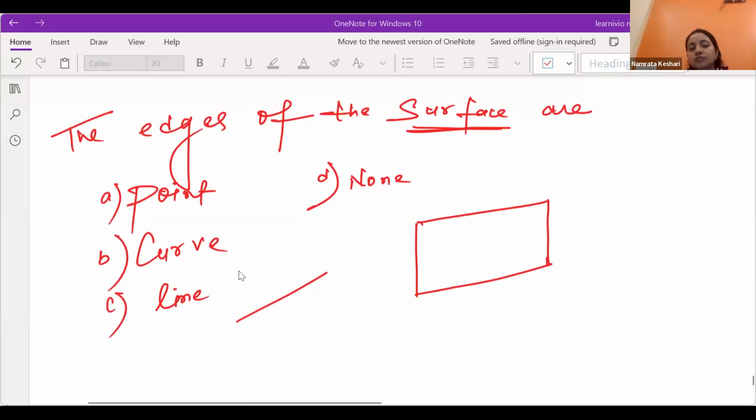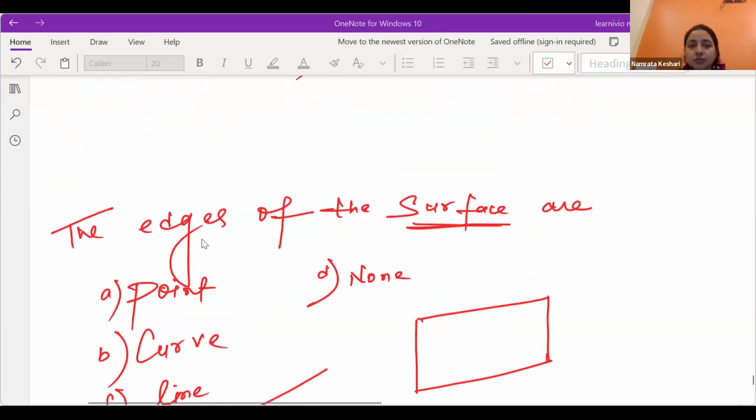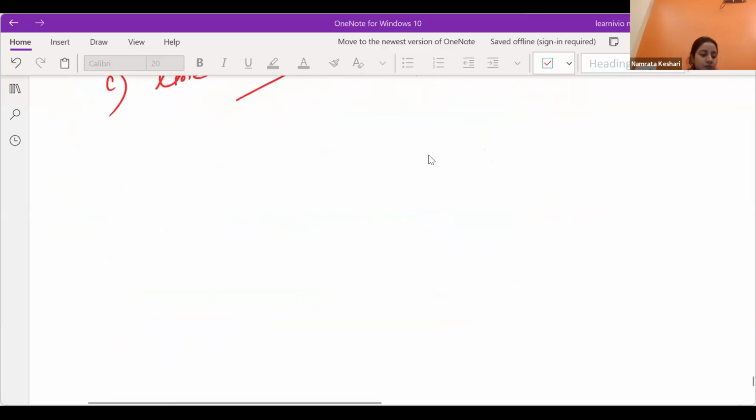Here also the confusion can be there because of the previous one, curve or line. But here we will have line, because the definition is given as it is. Anyone having any confusion so far? No. No, ma'am. Let's continue.